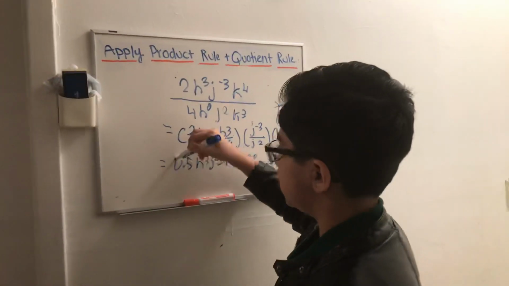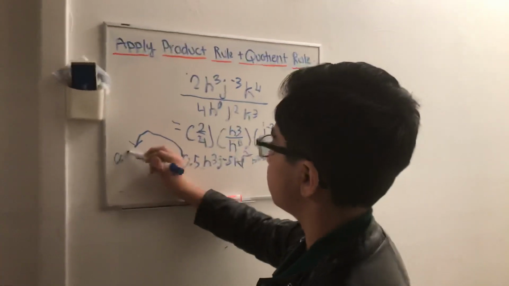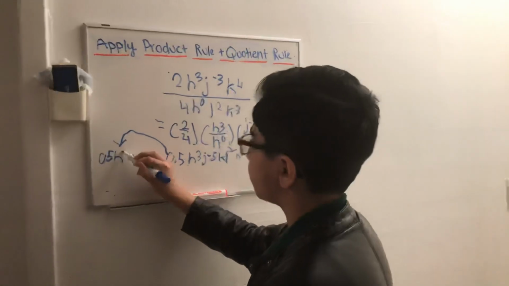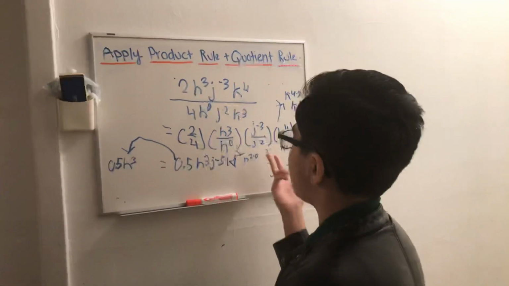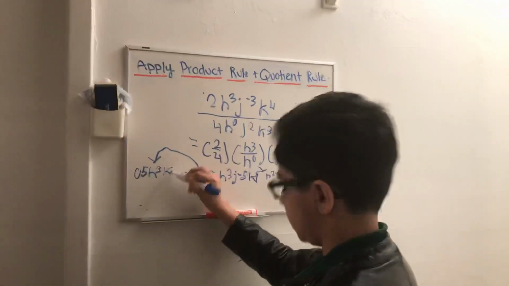So what it will yield is 0.5 h to the power of 3, and k to the power of 1 is the same thing as k, so just write k here.